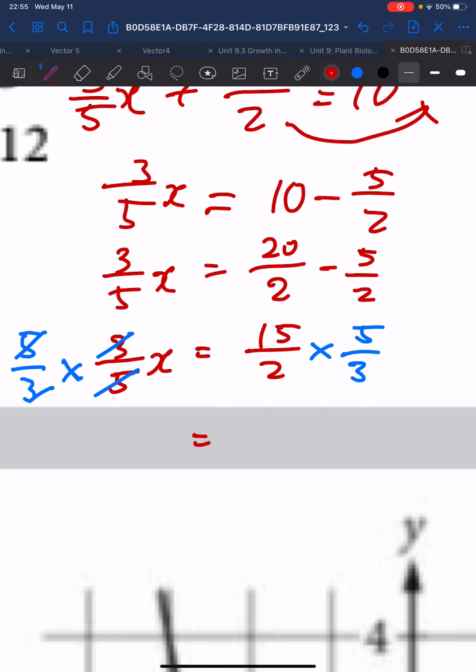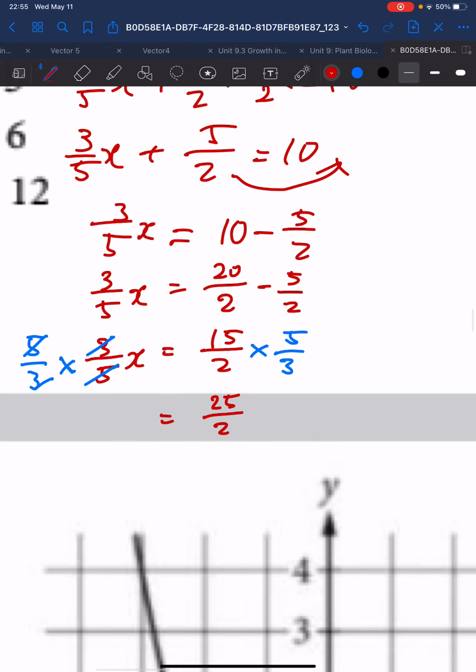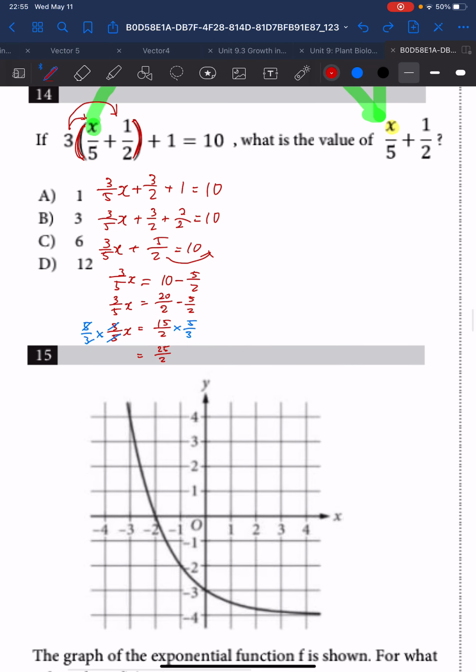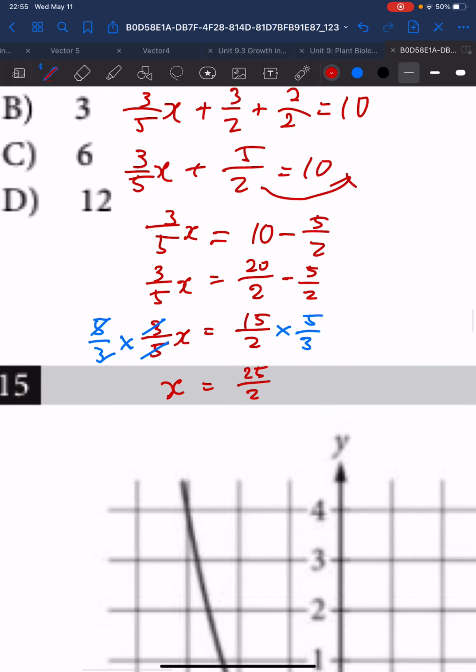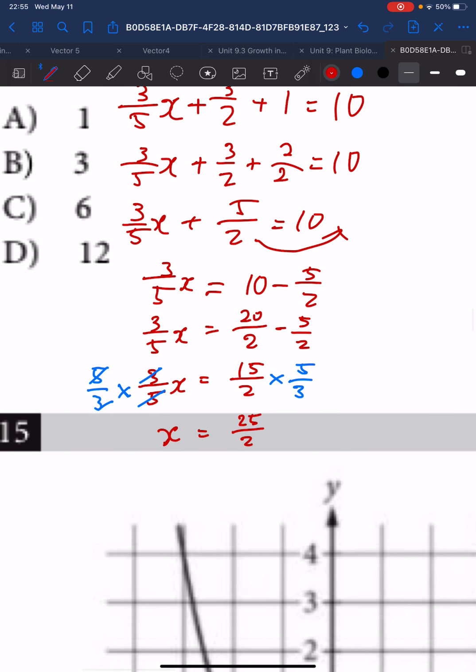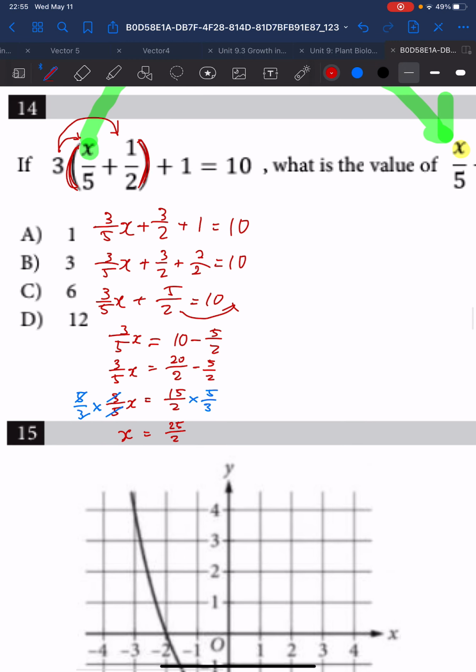So it's going to be 3 times... it's going to be 25 over 2. Yes, 25 over 2. Sorry, I made a mistake. So our x is going to be 25 over 2.